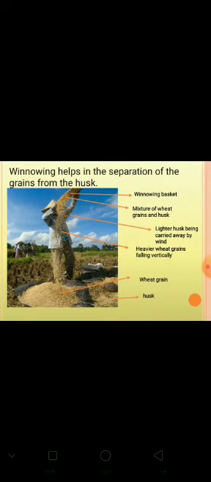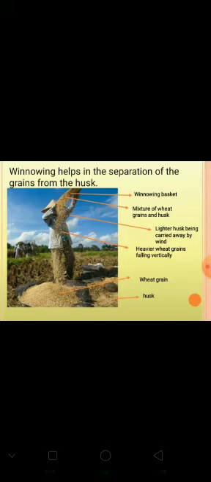But still, grains are covered by chaff, and for this, winnowing is done. Winnowing helps in the separation of grains from the husk. Just look at the picture. In this, a farmer is holding a winnowing basket in which there is a mixture of wheat grains and husk.